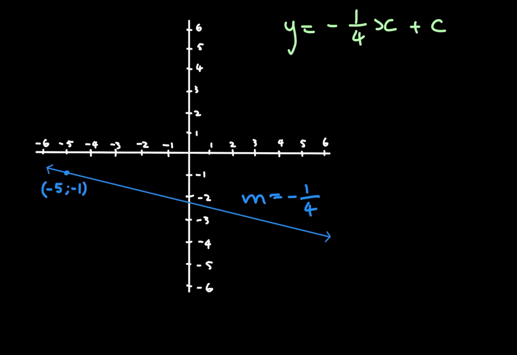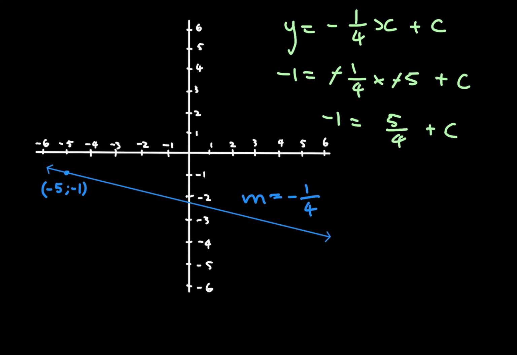So what are we going to do? We're going to sub in this point because that's a known point for us. So we'll sub that in. y is going to be -1 is equal to -1/4 times your x, which is going to be -5, and then plus c. So what we have here is -1 is equal to 5/4, because those negatives cancel out, plus c.